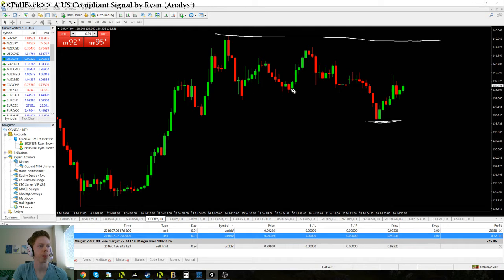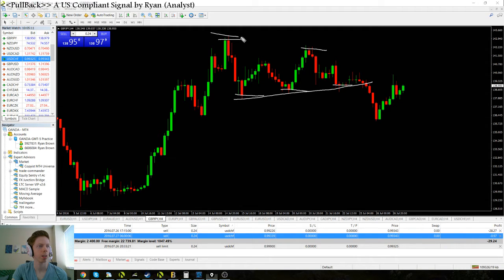A lot of people think that this is turning around for a more downward movement. So if you're looking at the lower highs, looking at these levels here, you can see that there was this kind of action going on.